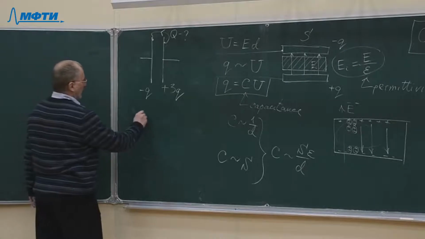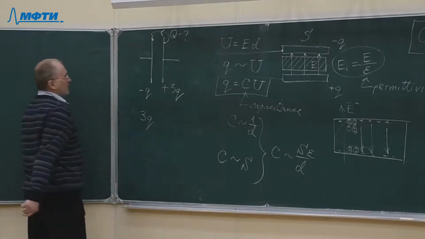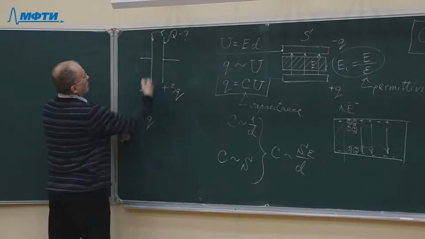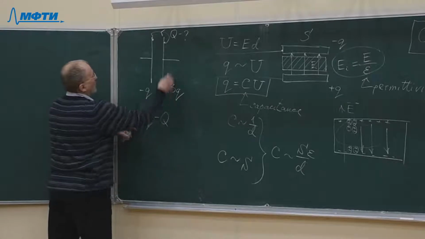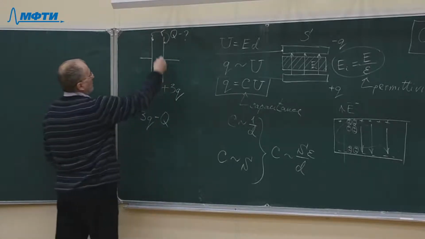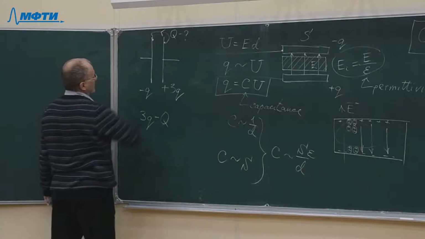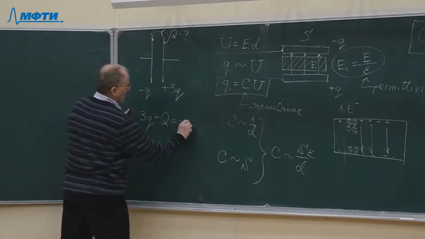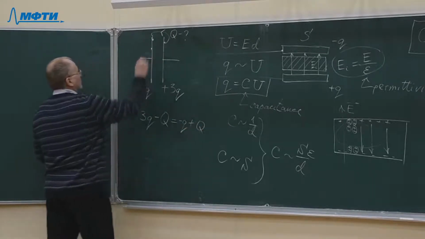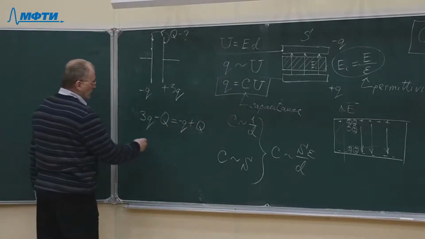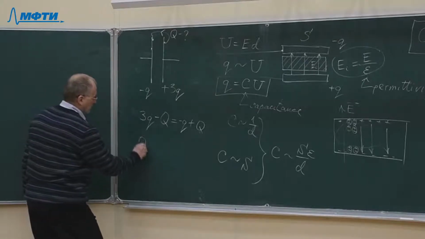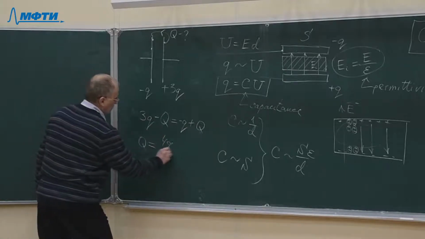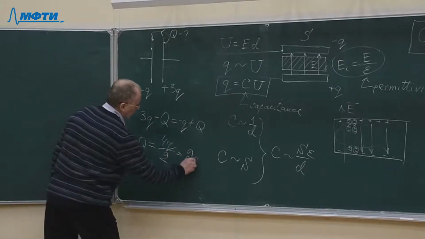So we can derive this condition: the initial charge on the right plate minus the charge that went away after we short circuited the plates will be equal to the initial charge on the other plate plus the same charge which we add here. From this equation, we can obtain that the charge q is 3Q plus Q, 4Q divided by 2, which will be 2Q in this particular case.